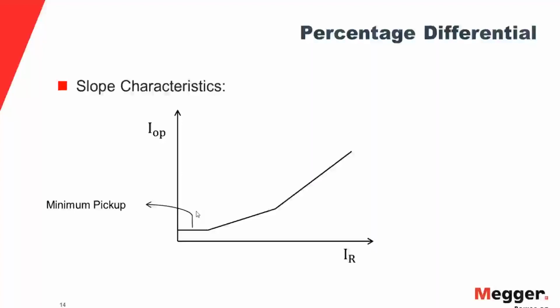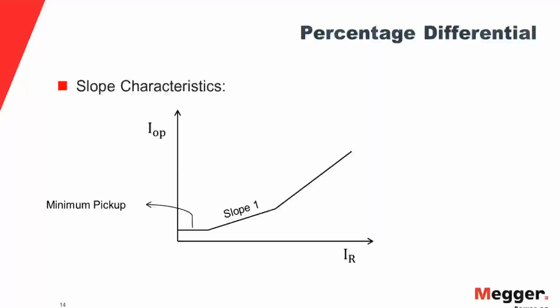The reason why we have this minimum pickup is pretty simple. I mentioned to you about the CT mismatch. Two CTs, even though from the same manufacturer, same type, and the same ratio, will still have slightly different operational characteristics. That will cause current mismatch on the secondary circuit.